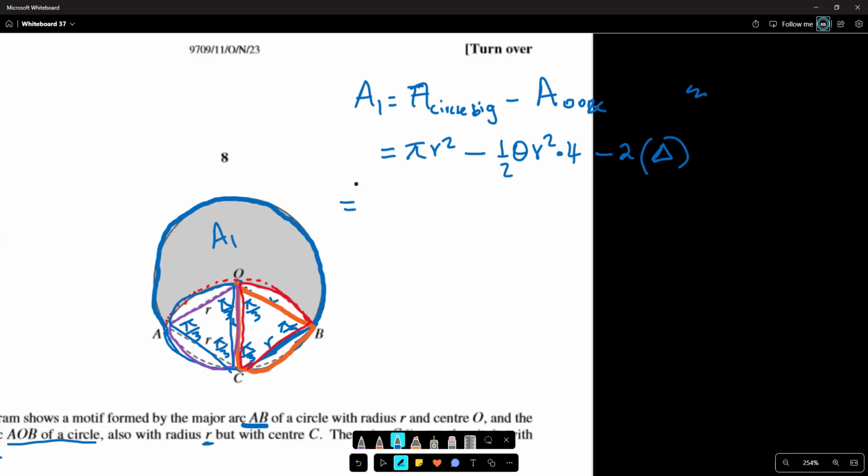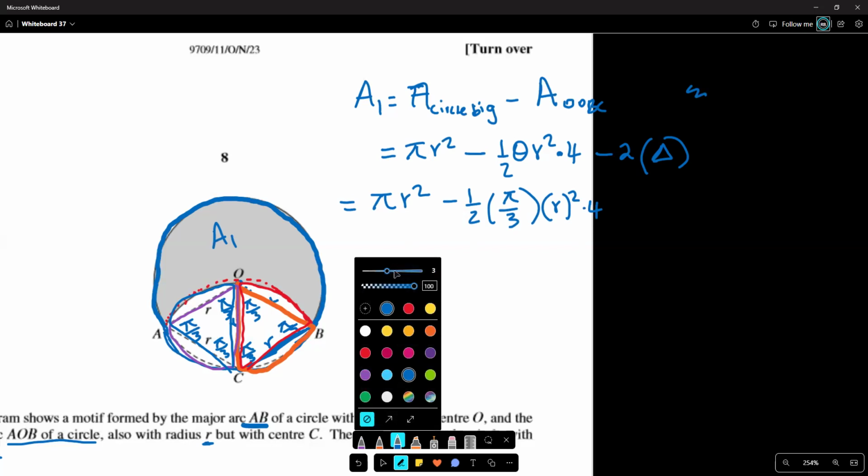We can now just solve. We have done the important part of this question. So you're going to have pi r squared minus half. Remember your angle is pi over 3, which is there, right? And then your r squared will just be r squared, times 4, right?